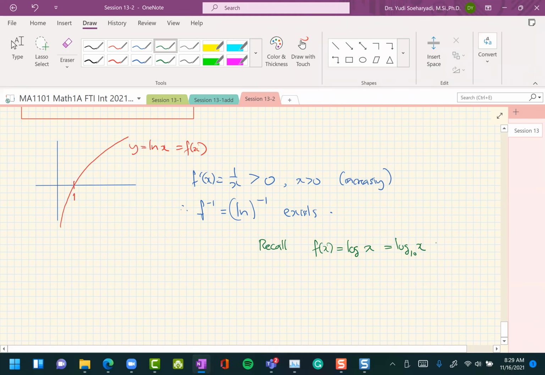So if y equals log x, and this is if and only if actually, if y is log base 10 of x, that means x is 10 to the y. All right, so the thing is how the inverse looks like.